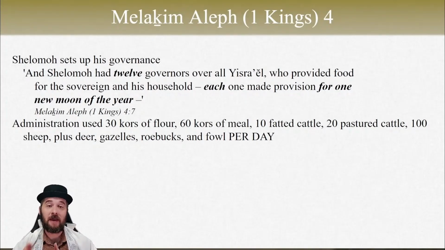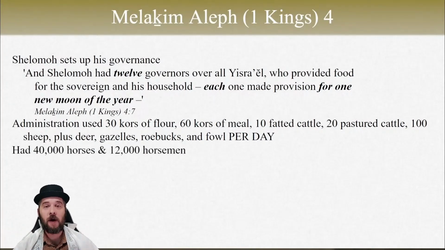Now, another thing to take note of, too, is that once they were all prosperous and the kingdom was being built up, it tells us that King Shlomo had 40,000 horses and 12,000 horsemen. Now, this is important on multiple levels. One we'll get into here in just a moment, but it's important for a second reason as well that we're not going to get into today.